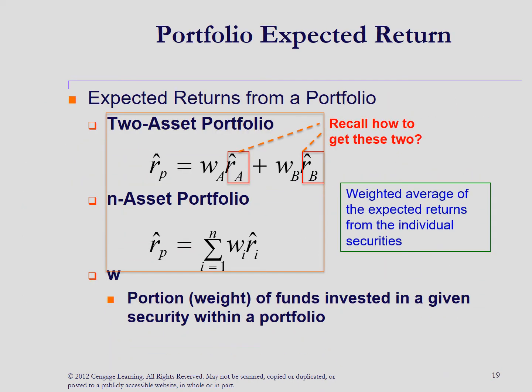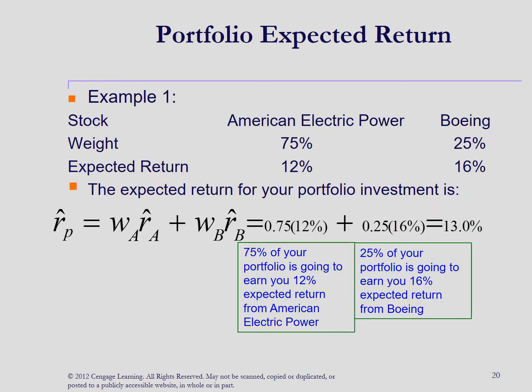Portfolio expected return is the weighted average of the expected returns from the individual securities, with the weight being the portion of funds invested in a given security within a portfolio. Assume you create a portfolio with two stocks, American Electric Power and Boeing.